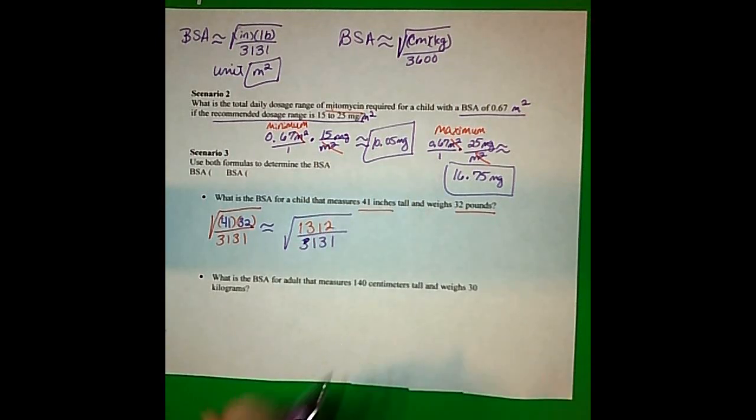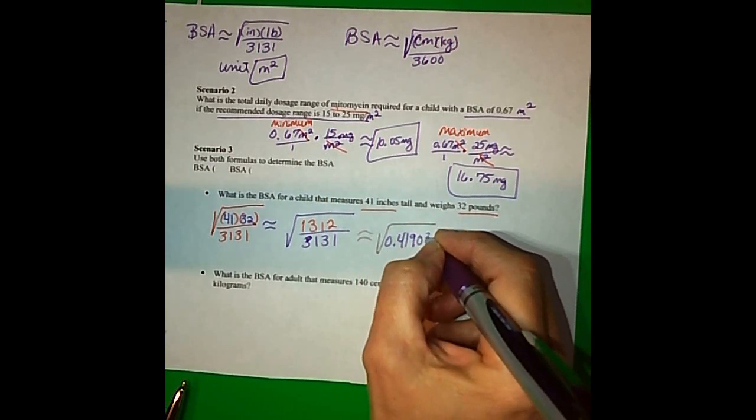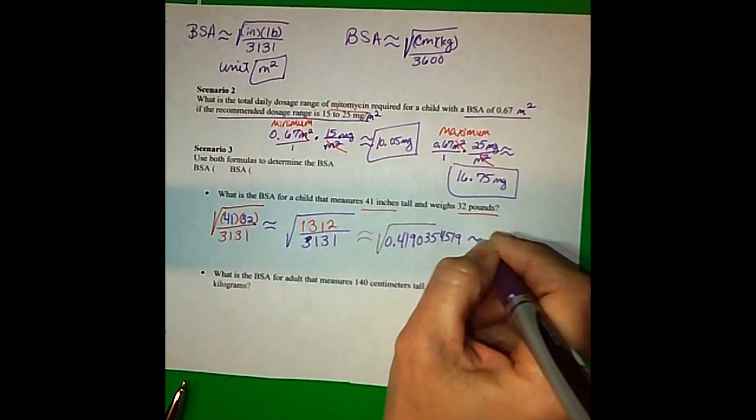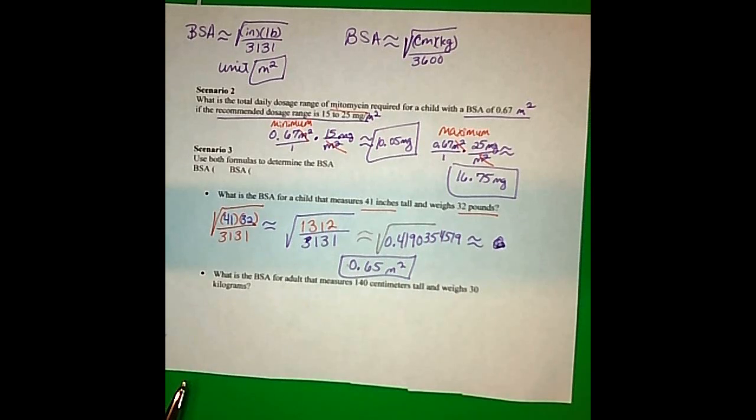Then let's divide that number by 3131, and that gives me a decimal number, 0.41903545519. Then I square root that number and round to the nearest tenths, and when I round, it gives me, let me write it down here, 0.65 meters squared.